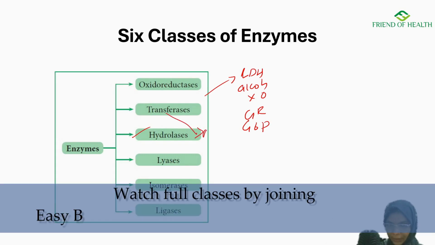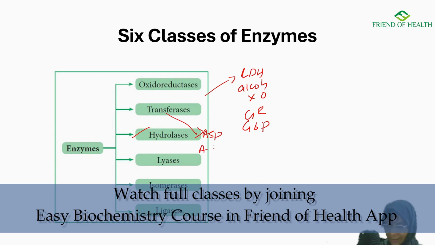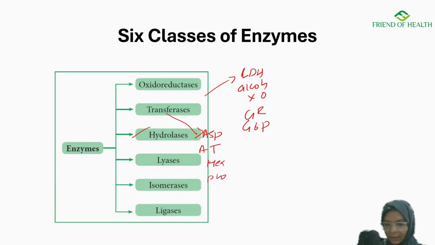Transferases include aspartate and alanine transaminase, hexokinase, and so on. Hydrolases bring about hydrolysis, for example glucose 6-phosphatase, pepsin, trypsin, etc. Lyases include fumarase and histidine decarboxylase, where lysis means removal of a small molecule from a larger substrate.